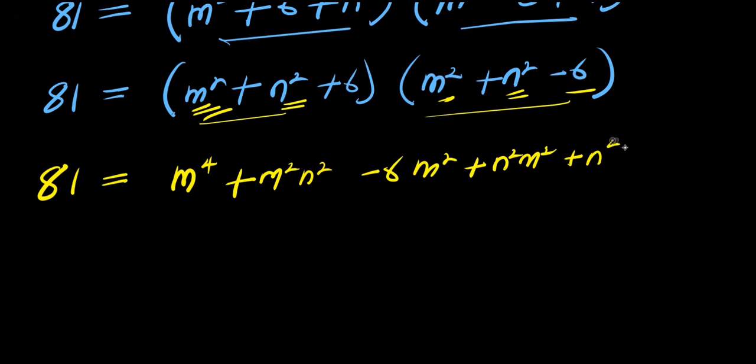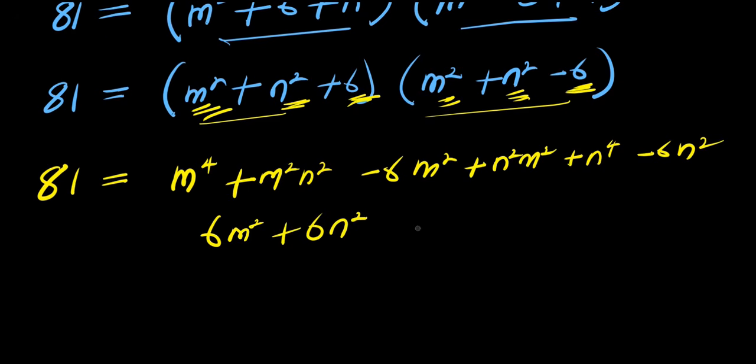This is plus n power 4. n squared times negative 6. This is minus 6n squared. 6 times m squared. This is 6m squared. 6 times n squared. This is 6n squared. 6 times negative 6. This is minus 36.